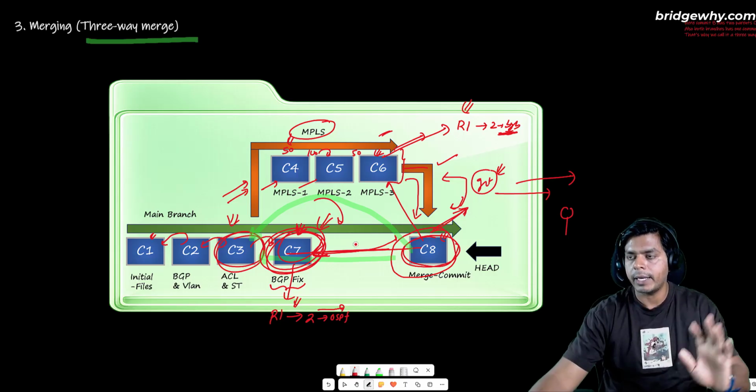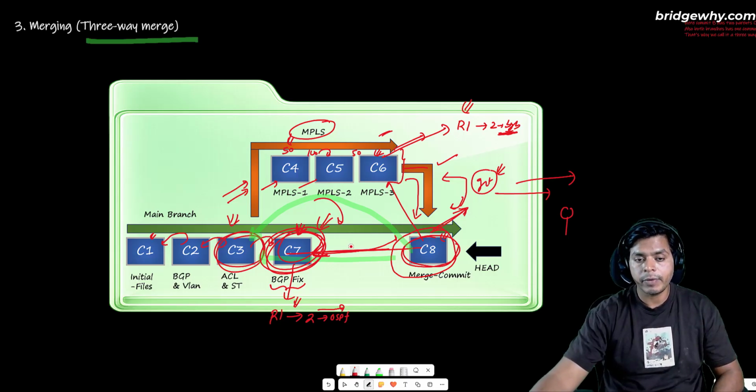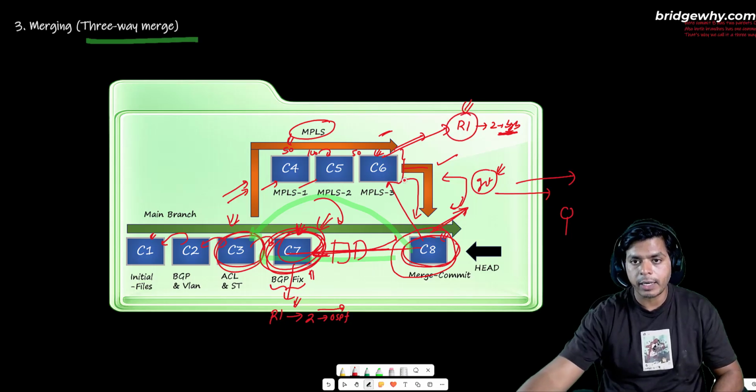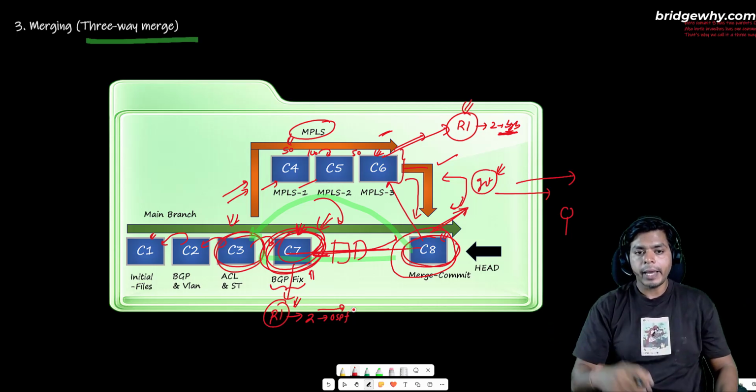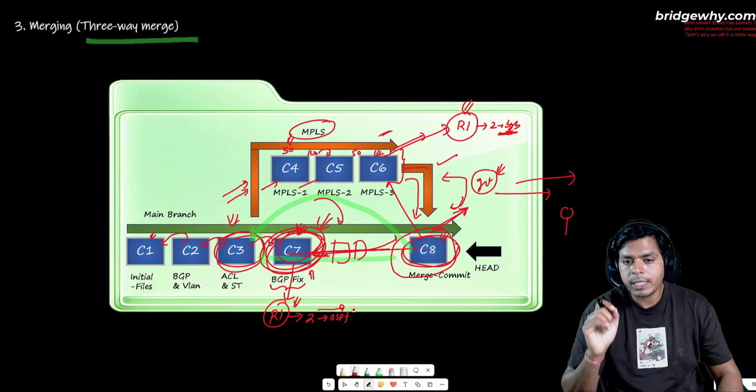No problem in that. But in a three-way merge, when we do have an extra commit or maybe a few more commits, and if we see that there is a conflict, this is a direct conflict because the MPLS branch says R1's second line is BGP and the main branch is saying R1's second line is OSPF. It is a conflict.